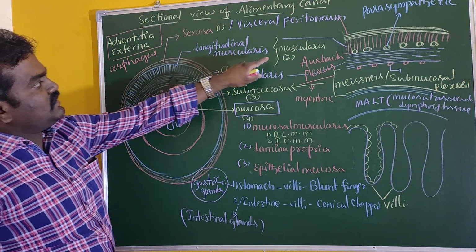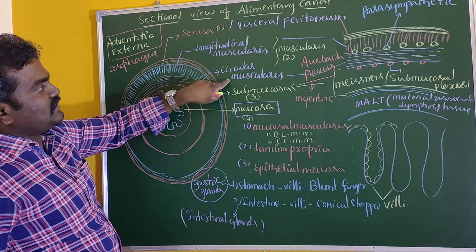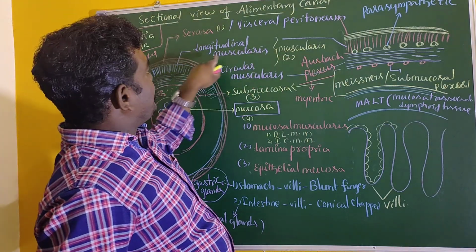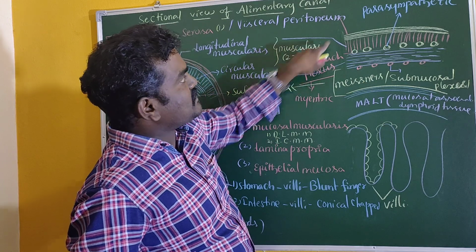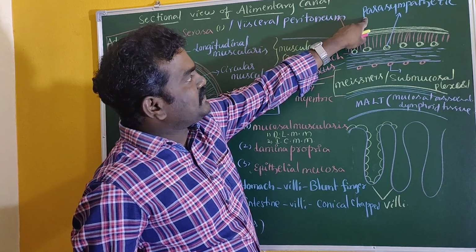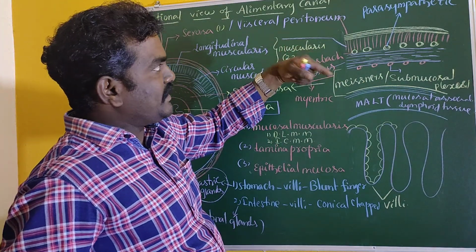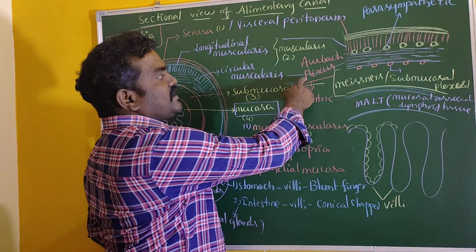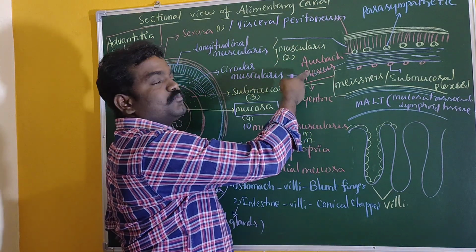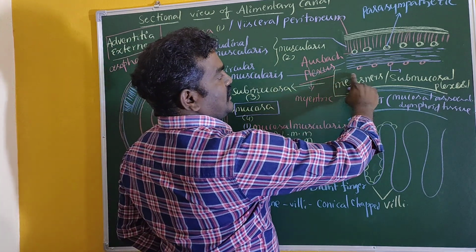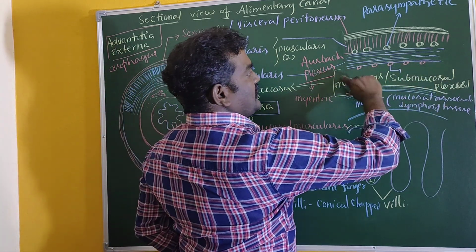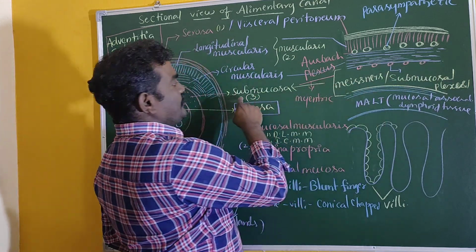Next, muscularis is of two types: longitudinal muscularis and circular muscularis. Between these two layers we find plexuses called Auerbach's plexuses, related to the parasympathetic nervous system, and they control peristalsis, the movement of the gut wall. The third layer is called submucosa.